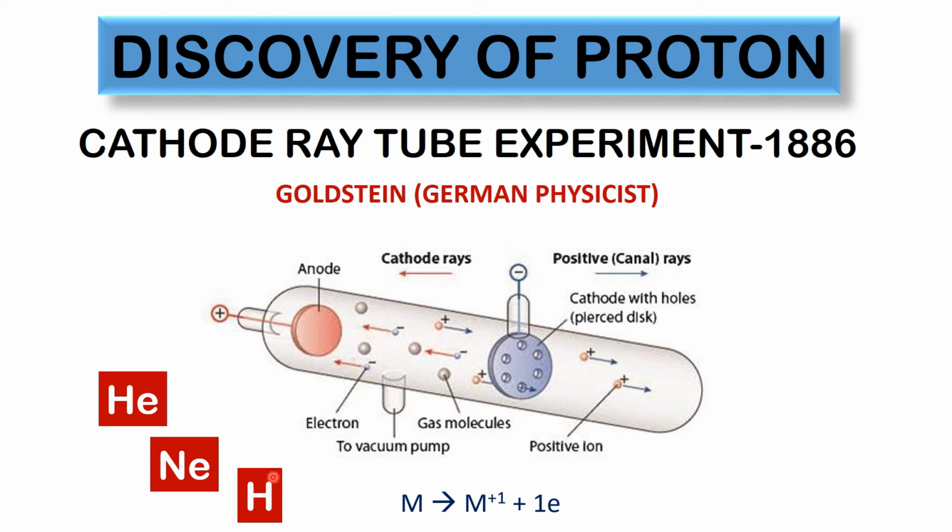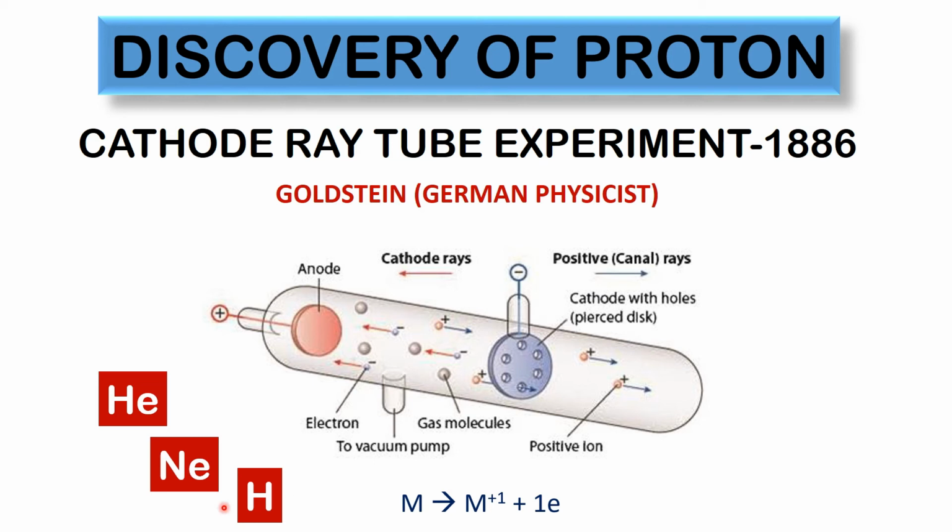So for all these different gases, the charge to mass ratio will be different, but it will be maximum for hydrogen. The charge to mass ratio is the highest for the hydrogen atom or the ions produced from the hydrogen atom.